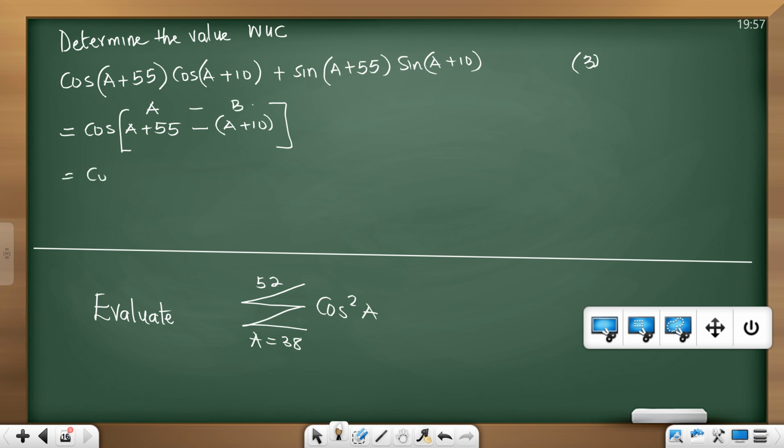B. If we expand, what are we going to get? A plus 55 minus A minus 10, which is equal to what? Cos 45, which is root 2 over 2. Done. 3 marks. You get 1 mark for bringing this in, 1 mark for simplifying, and 1 mark for your final answer.